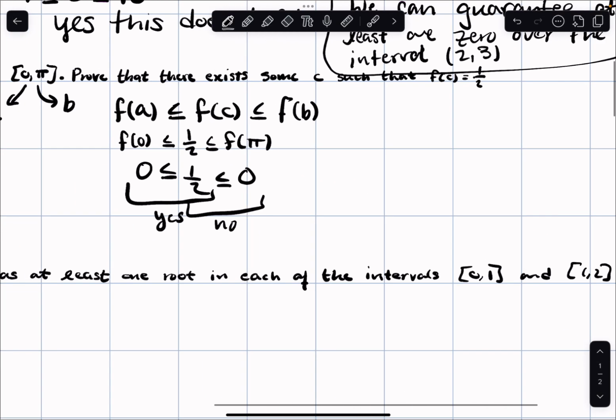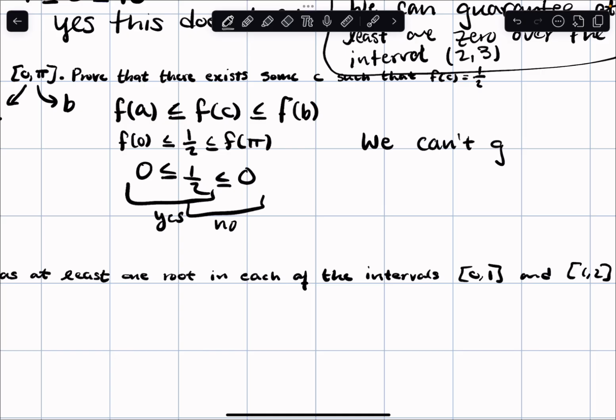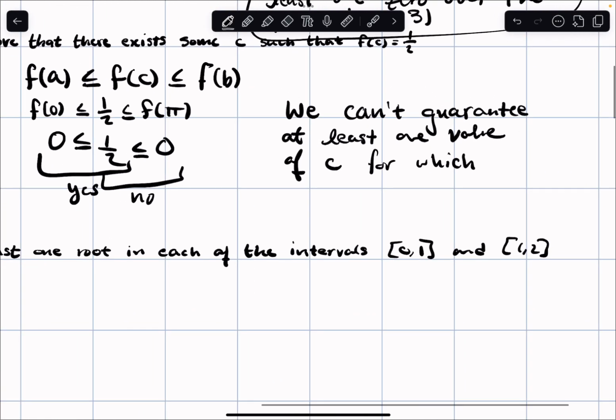So since this inequality doesn't work, we can't guarantee at least one value of C for which f of C is equal to half.